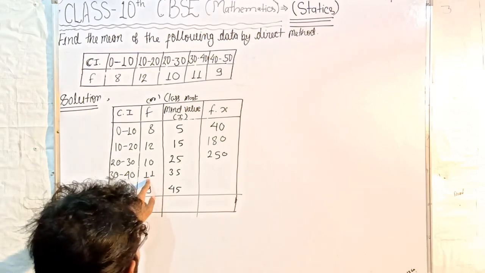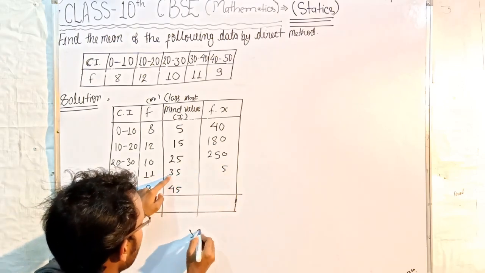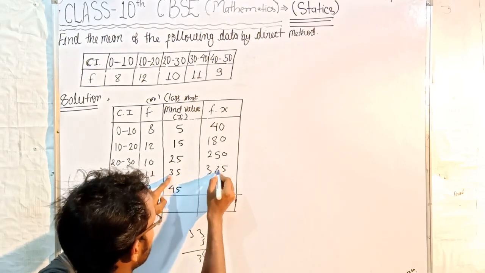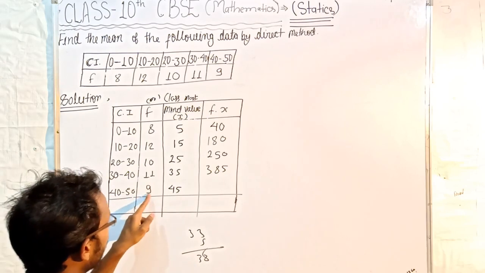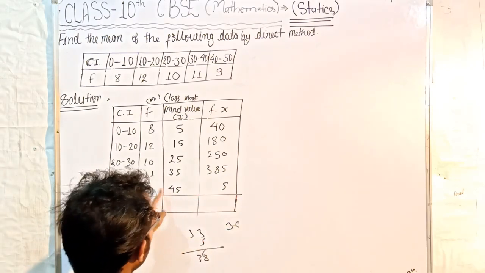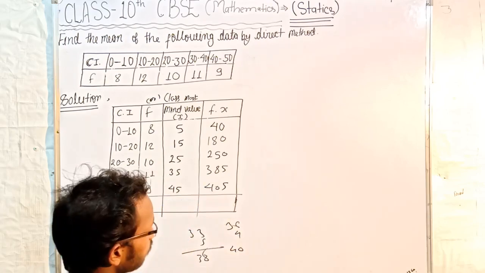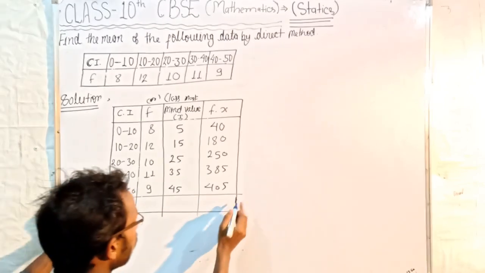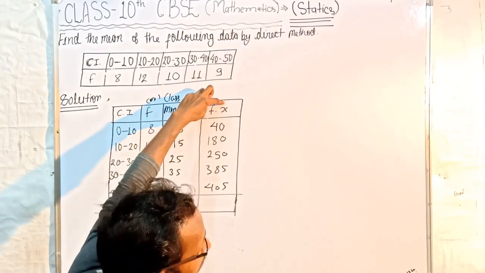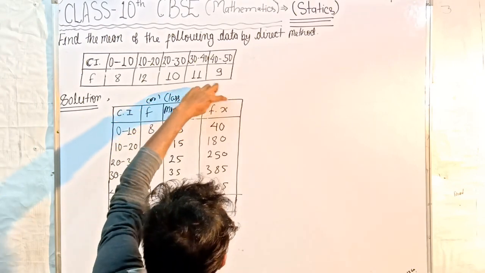Now multiply 11 and this 35: 11 5s are 55, 11 3s are 33, 33 and 5 becomes how much? 385. Now multiply this 9 and this 45: 9 5s are 45, 9 4s are 36 and 4 becomes how much? 405.